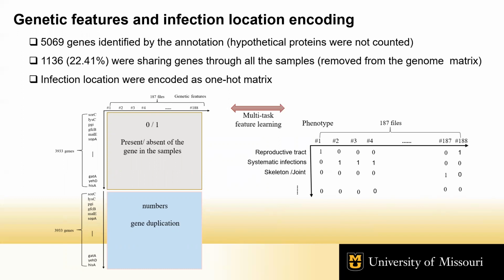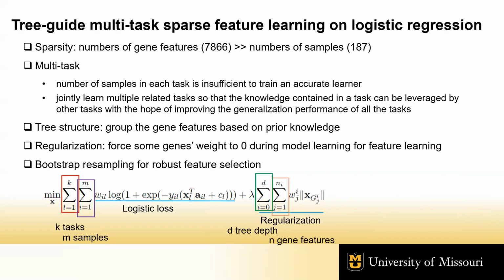The multitask feature learning models could be used to learn the features from this genetic matrix and the phenotype matrix. The model I use for this study is the tree-guided multitask sparse feature learning on the logistic regression model. The number of gene features is larger than the number of samples.